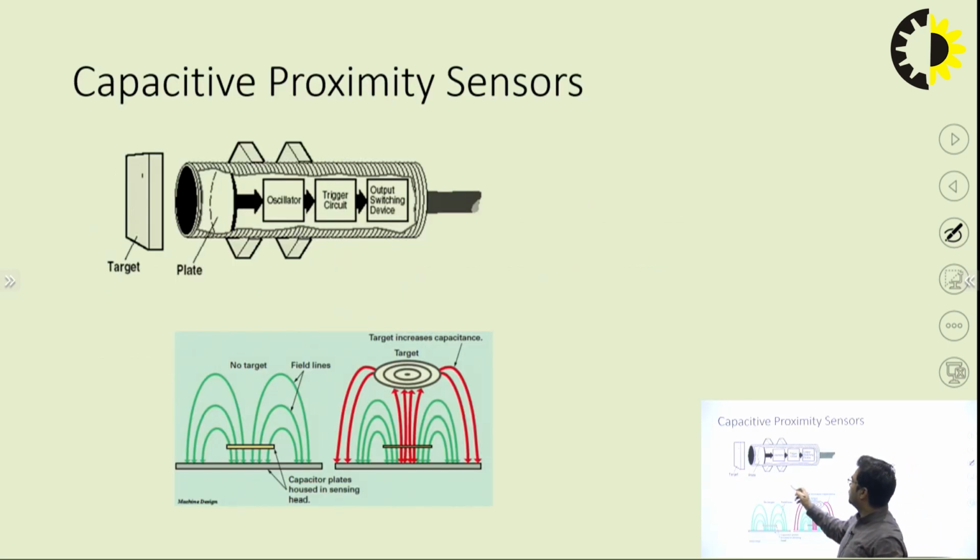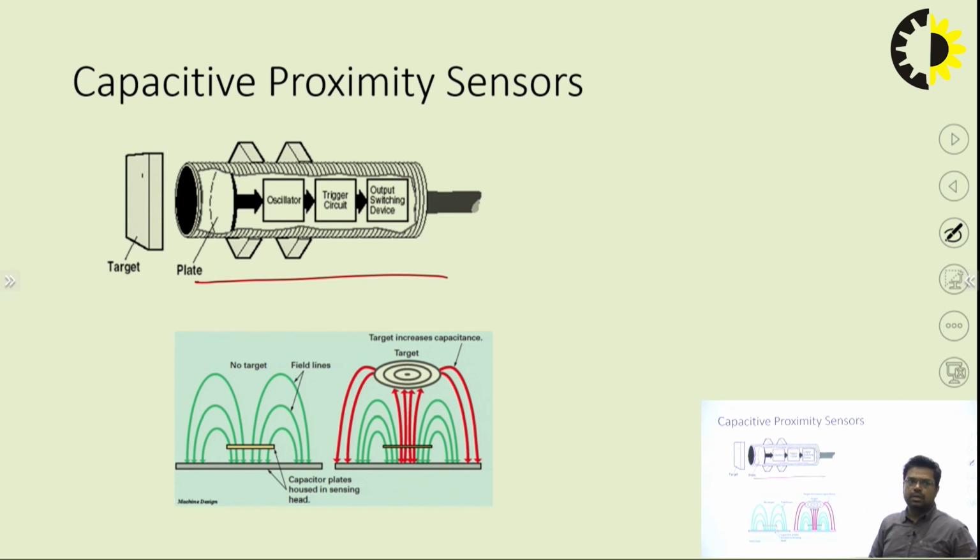Now if we go to the block diagram of the capacitive proximity sensor, it has a plate, and it again uses an oscillator, which is used in inductive type sensors. There is a trigger circuit to switch the circuit on and off.